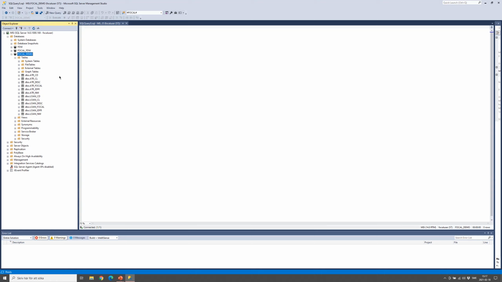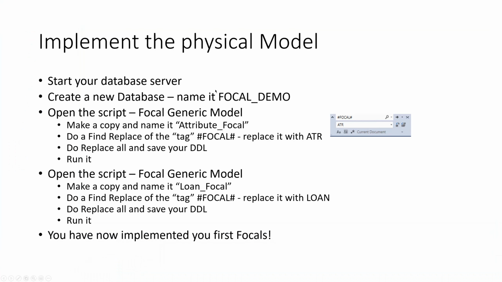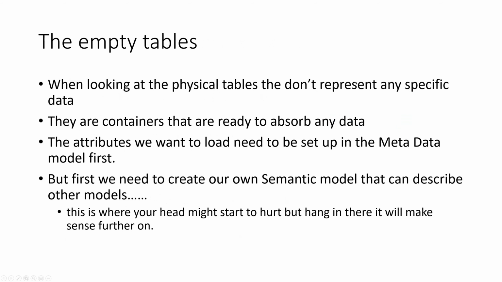But since focal is working somewhat differently than other models do, we need to go back to the presentation. So here we have implemented our first focals. We're all happy, and we can see the physical tables don't represent any specific data. They can absorb any data. But to be able to load these tables, we need to set up the metadata model first.